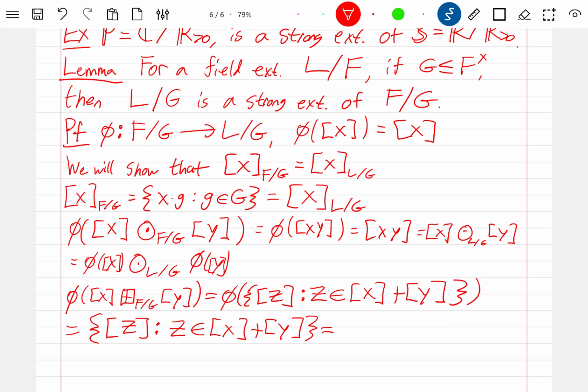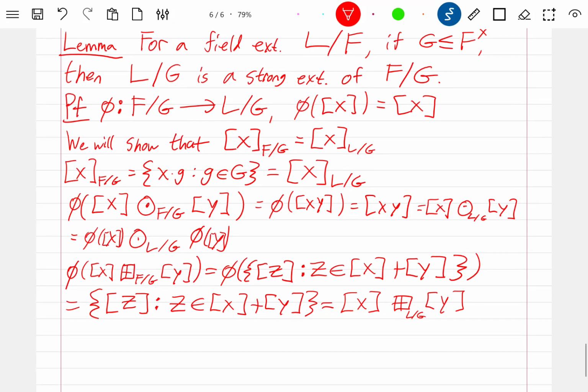But this is exactly equal to if I take x and add it to y in L mod G, because these two are elements of F. And this is exactly phi of x added to phi of y. So we have equality of the addition and multiplication, and we'll have that it's injective and well-defined and all those lovely things.